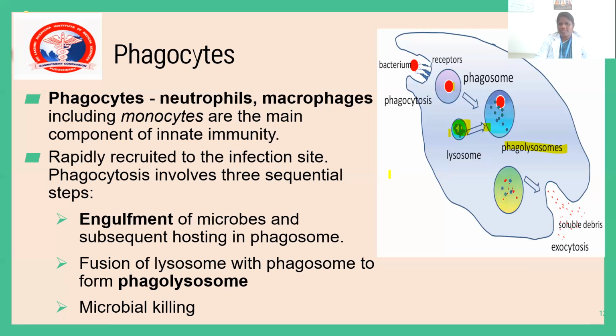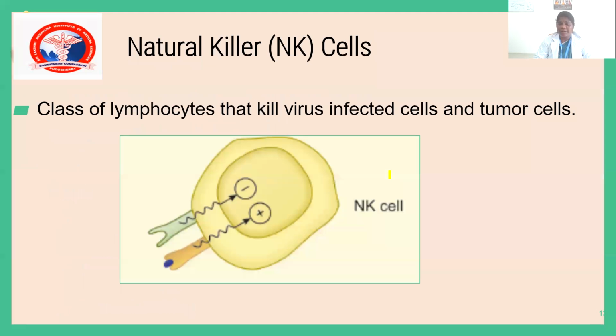Likewise, phagocytes kill bacteria. First engulfment, then phagolysosome formation, then microbial killing. These are the three steps involved in the phagocytic mechanism.